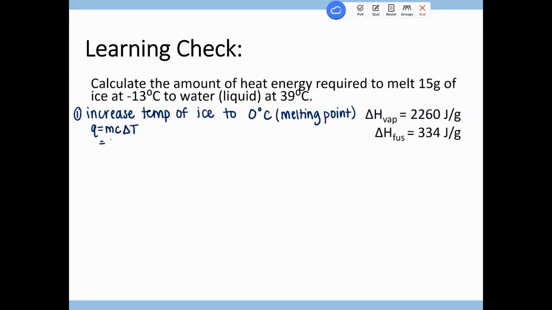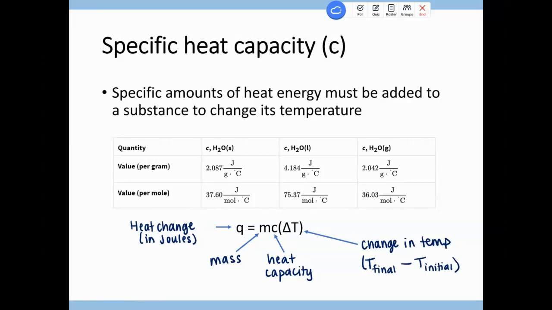Remember, M is mass, 15 grams. C is specific heat. What value are we using here? 4.184. Other ideas? 2.087. Why 2.087? Because it starts at a solid.